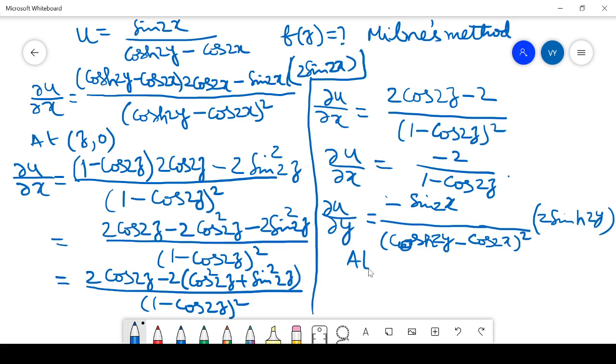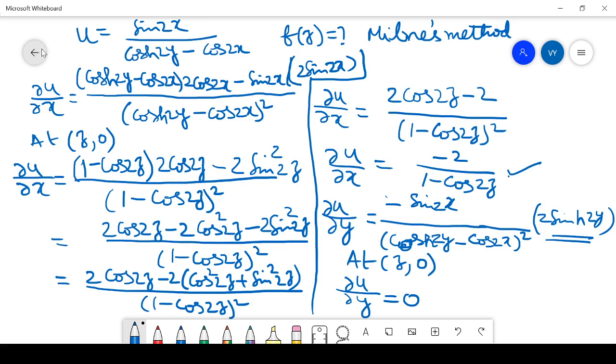When I substitute x is equal to z and y is equal to 0, ∂u/∂y will be 0, because sinh 2y will give you 0. So ∂u/∂x gives you minus 2 by 1 minus cos 2z, and ∂u/∂y will give you 0.